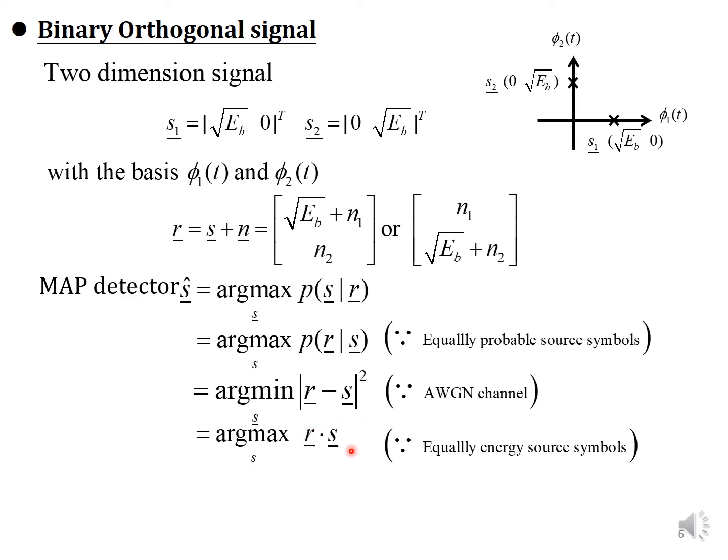So we can further simplify the calculation. We can make a decision on S1 or S2 based on the inner product of these two vectors, the correlation of R. If the correlation of R is higher on S1, then we have the decision D1. If the correlation of R is higher on S2, then we have the decision D2.